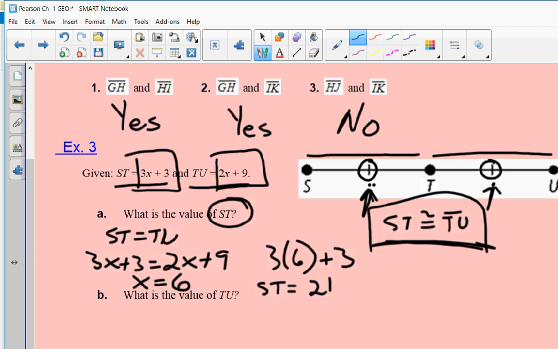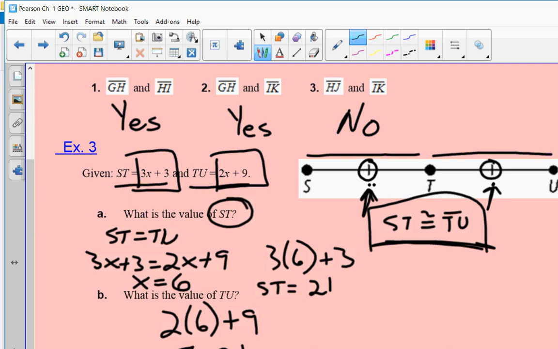We have to prove it. So once again, I go back up here. x is 6, so I substitute 6 in for x in the 2x plus 9. 2 times 6 gives me 12, and 12 plus 9 gets me 21. So what I just did was prove that what we got for x was correct, because it made both those segments congruent.